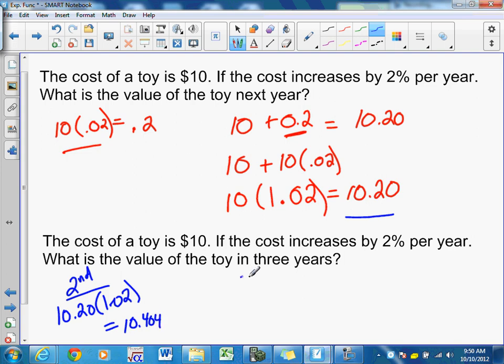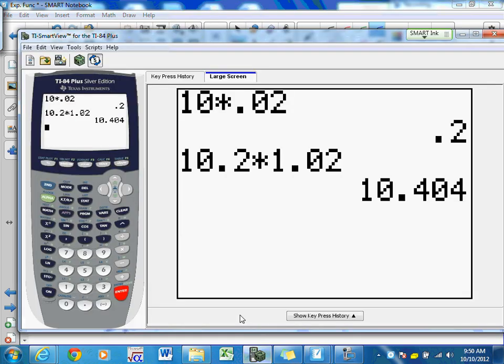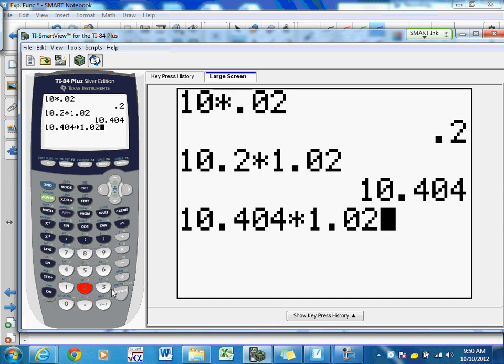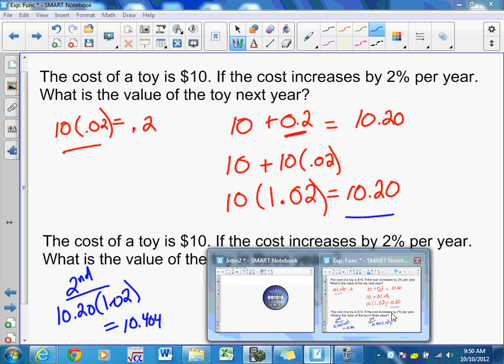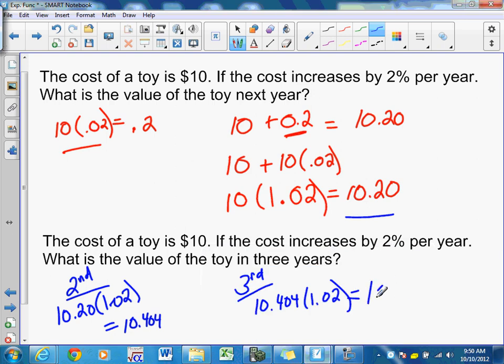Now if I want to find the third year, I can take my 10.404 times 1.02 to figure out my total for the third year. And I get, we'll round it off, 10.61.